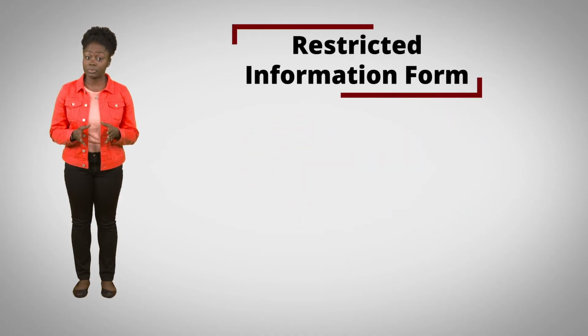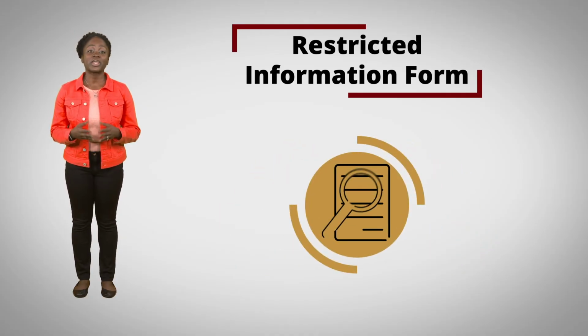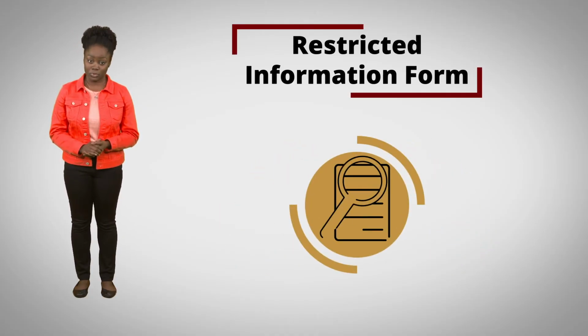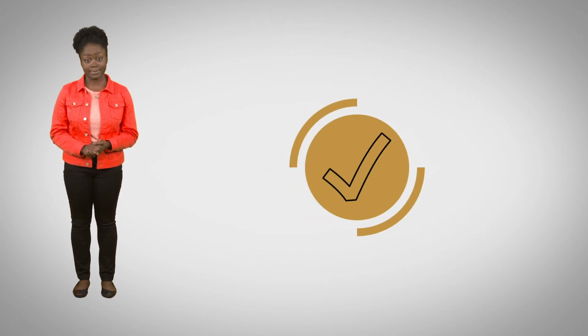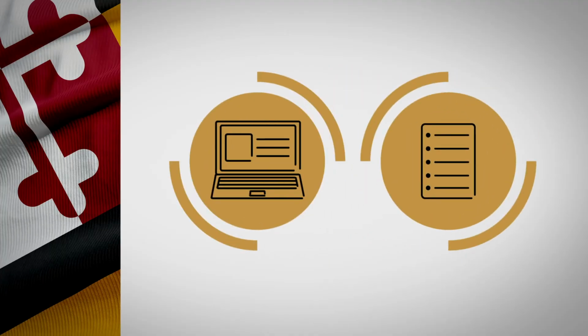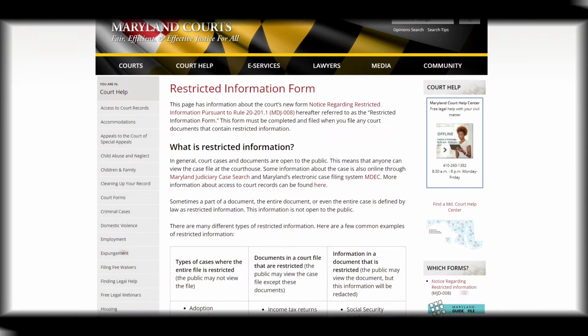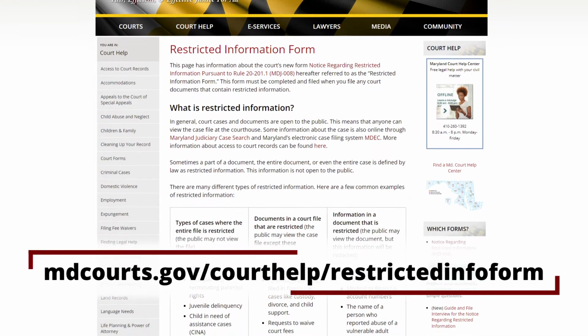If the Restricted Information Form is required to accompany a given form, that may be stated on the form. Next, carefully read the Restricted Information Form. It lists the most common situations where it needs to be completed. Read more about this and find a list of common situations where the form is required at mdcourts.gov/courthelp/restrictedinfoform.